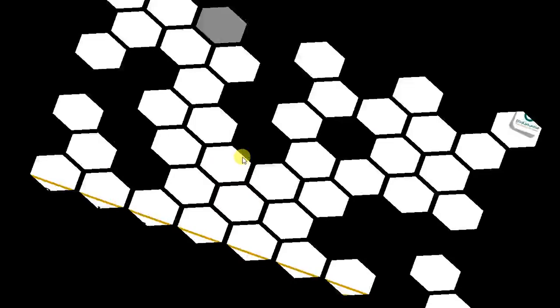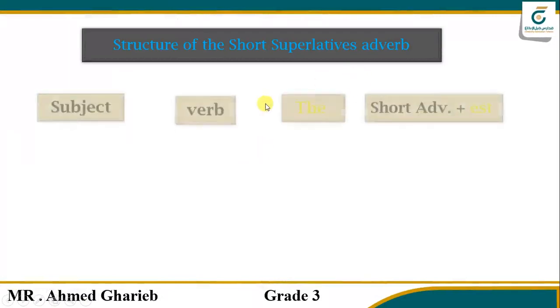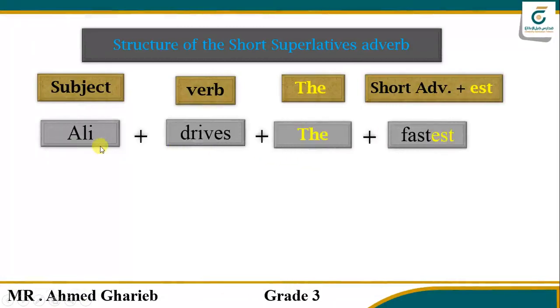Okay, how about the structure of the superlative adverb? The short one, subject, verb, the short est. For example, Ali drives the fastest. What about the long adverb? How is the structure of the long adverb look like?